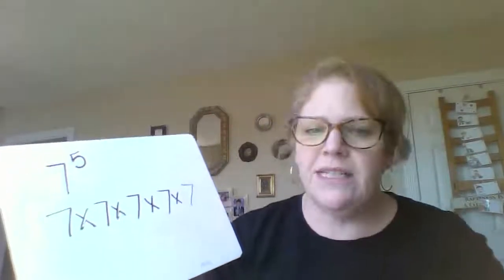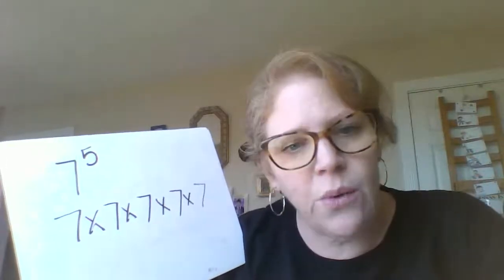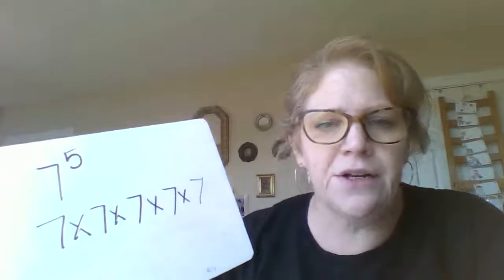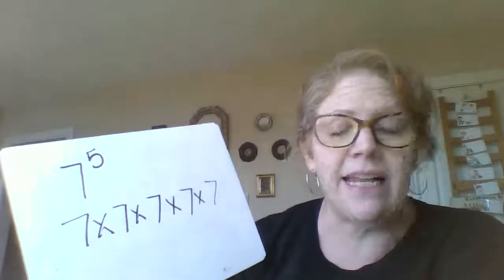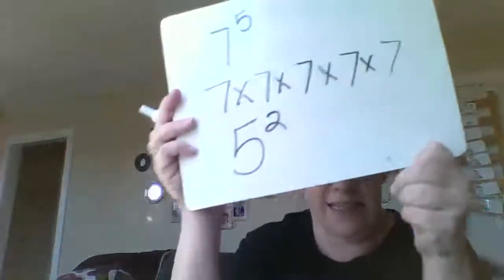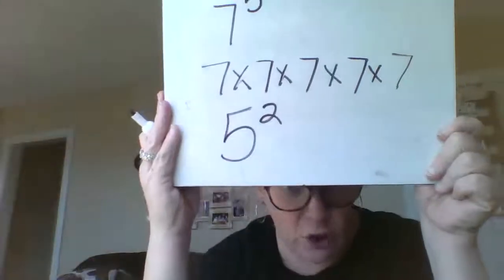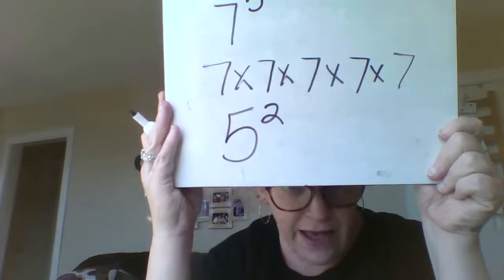The other 2 words that we learned were squared and cubed. Squared means that you have a base raised to the 2nd power. So in our example on our notes, that was 5 to the 2nd power. This is 5 squared.